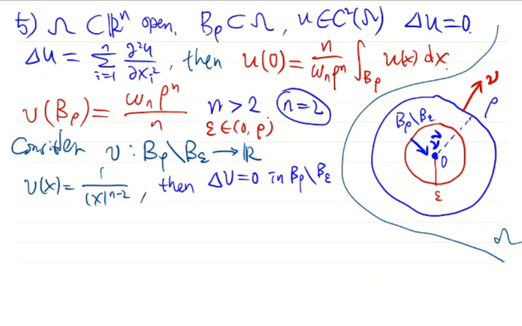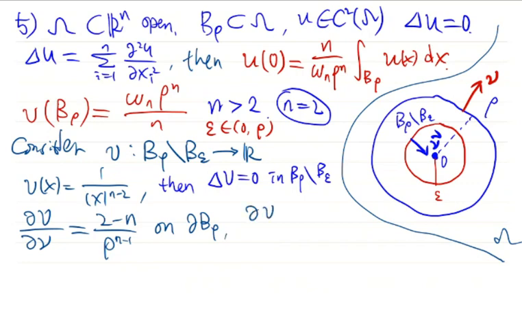So we have that the directional derivative is (2 minus n) over rho to the n minus 1 on the sphere of radius rho, and (n minus 2) over epsilon to the n minus 1 on the smaller sphere.